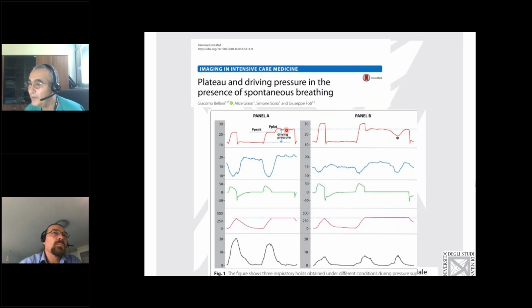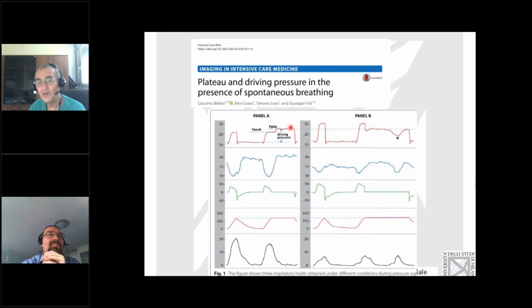The plateau pressure here. You don't need a long period of time, half a second, and you judge it by visual inspection. By visual inspection, I think we all agree that here we have a plateau and here we have a plateau. This is correct. I didn't show you all the studies demonstrating that the plateau is a plateau. Trust me, plateau is a plateau, okay?